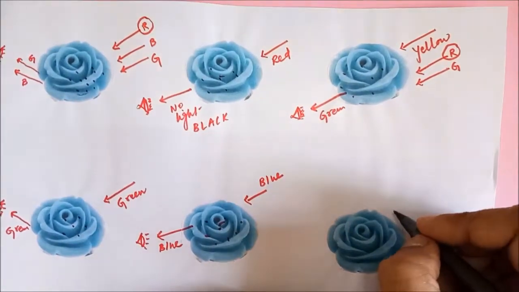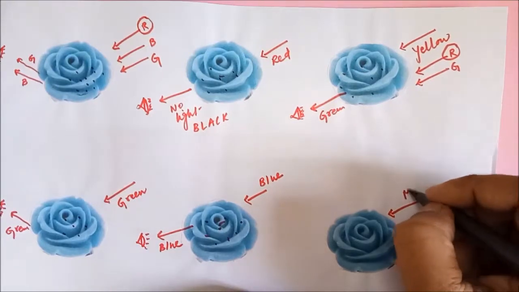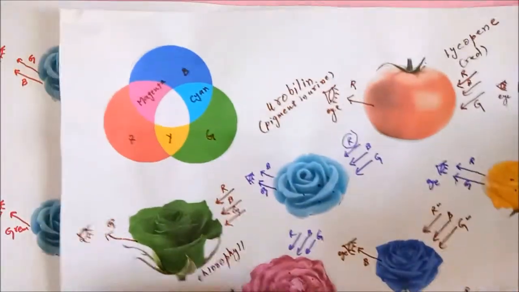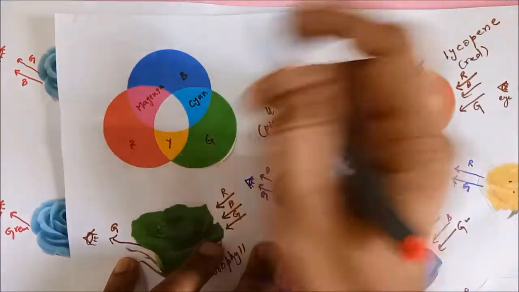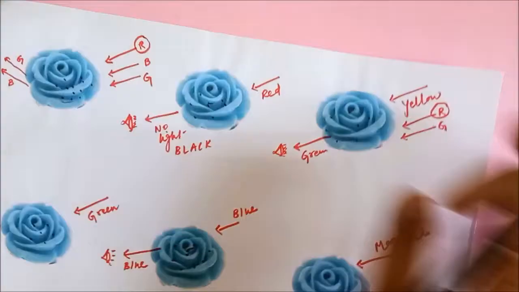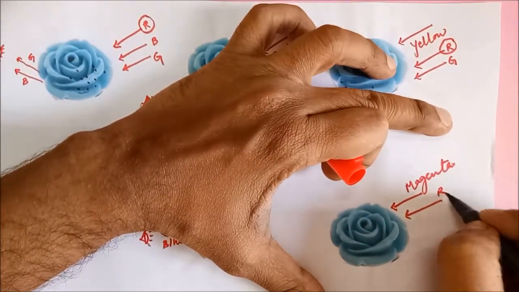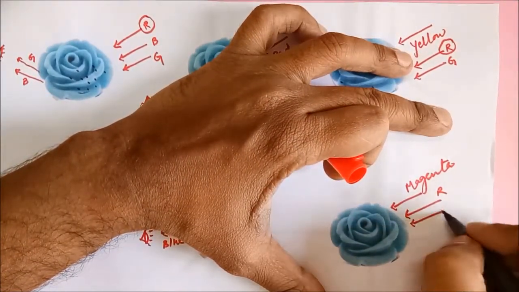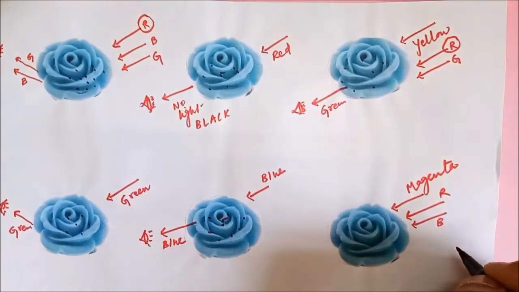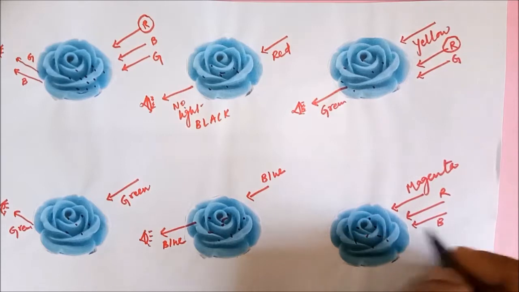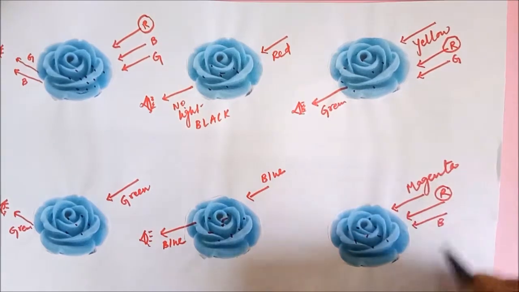Okay, and if we impart, say, magenta color, magenta is made up of red and blue. So we may also consider that red and blue light are together coming. Now what happens? These pigments are only going to absorb red color.